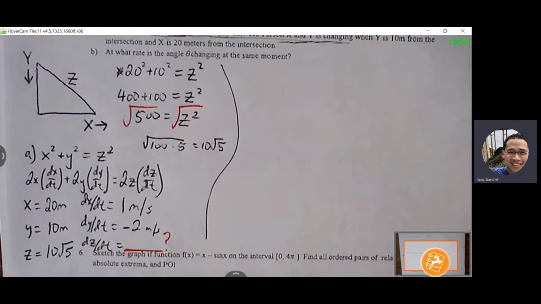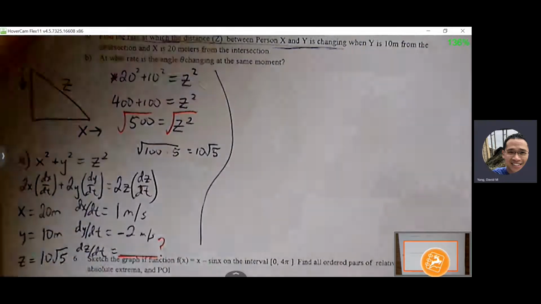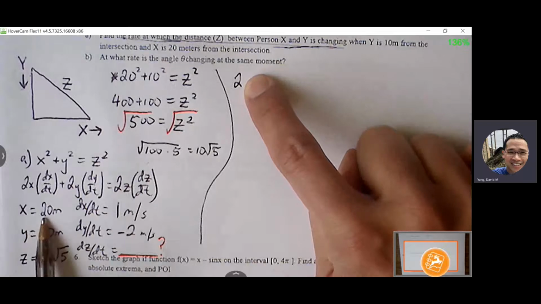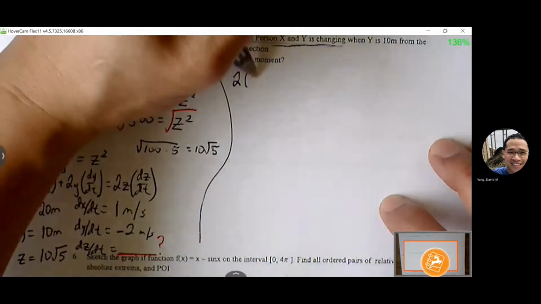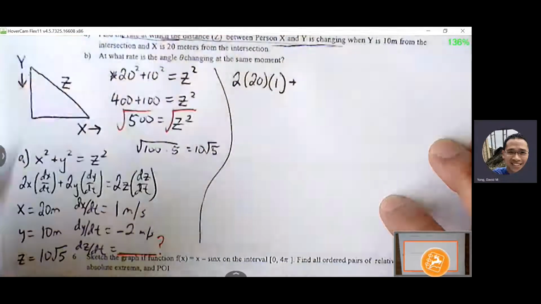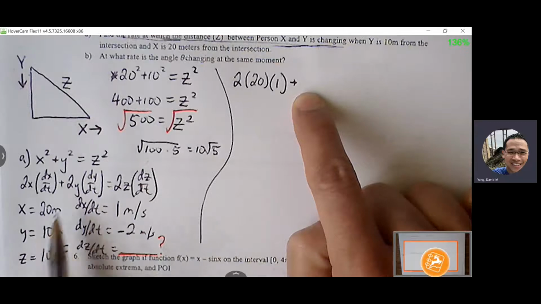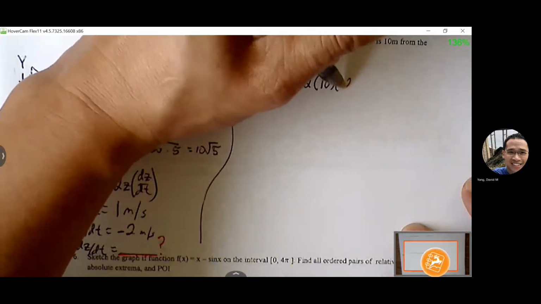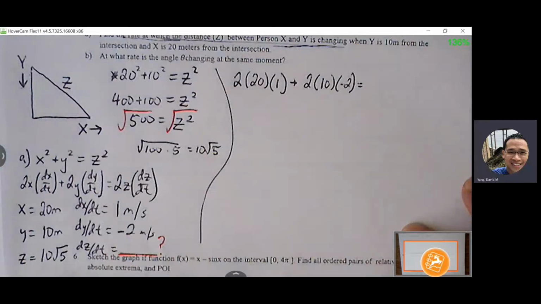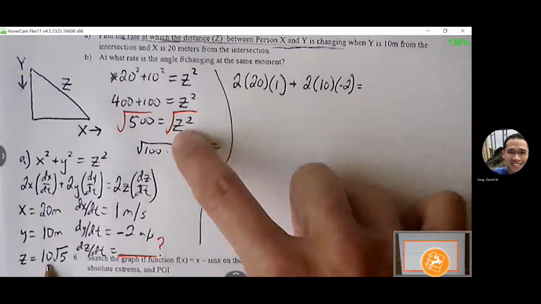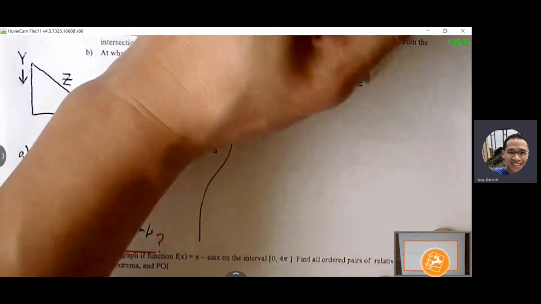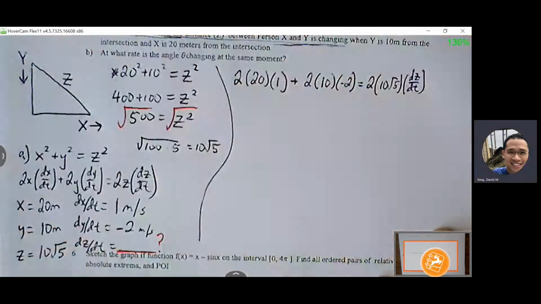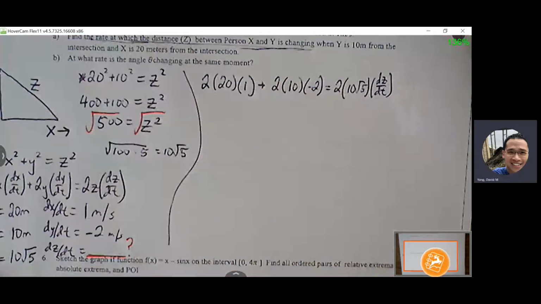Okay, let's put everything into our equation and solve for dz dt. Okay, so 2 times x times dx dt plus 2 times y times dy dt equals 2 times z times dz dt. (40 minus 40).